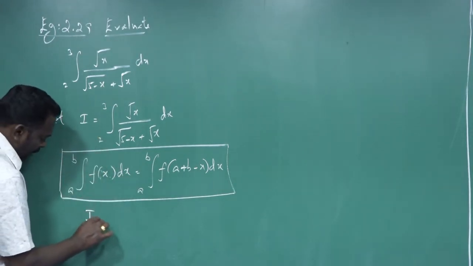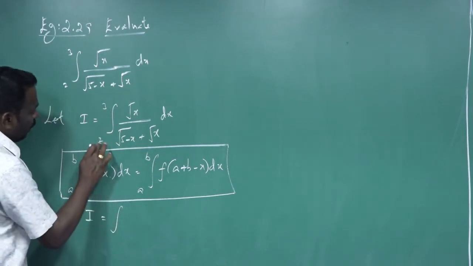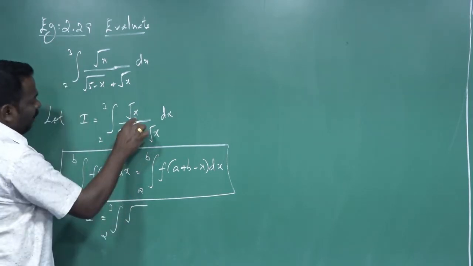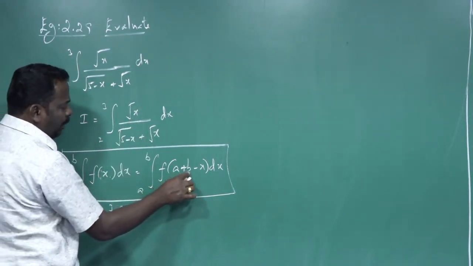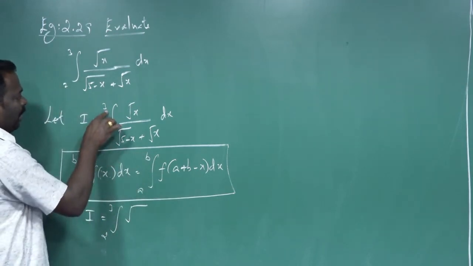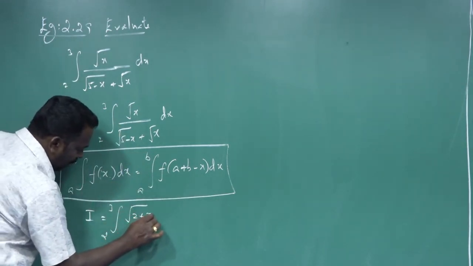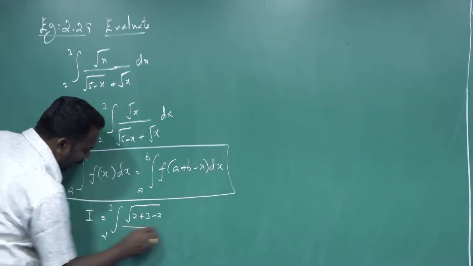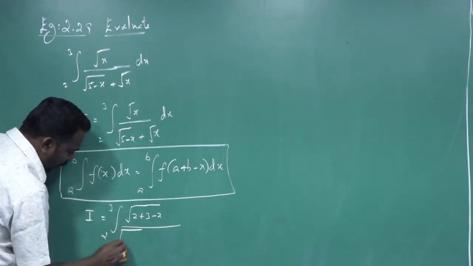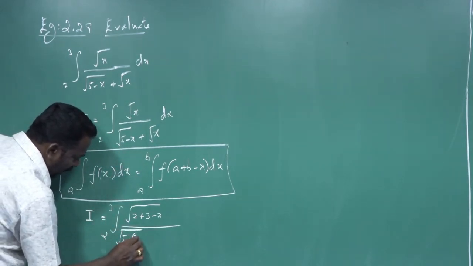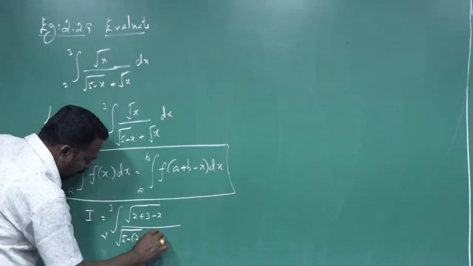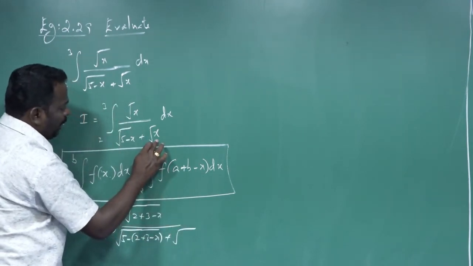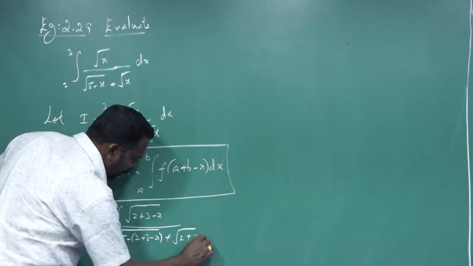Therefore the given I is equal to the integration from 2 to 3. Instead of x we replace a plus b minus x, where a is 2 and b is 3. Therefore 2 plus 3 minus x.